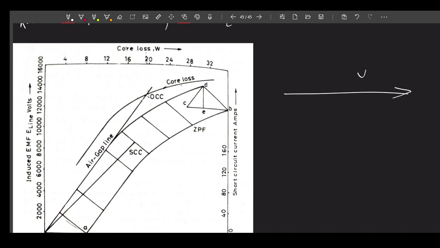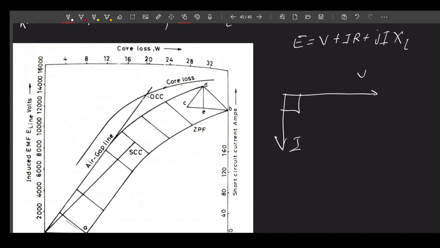This is V, this is I. Now, E is equal to V plus IR plus jIXL. If you drop the IR term, what remains is jIXL. What would be its magnitude? In this way only, so this total will become E. So E and V will become collinear, right?